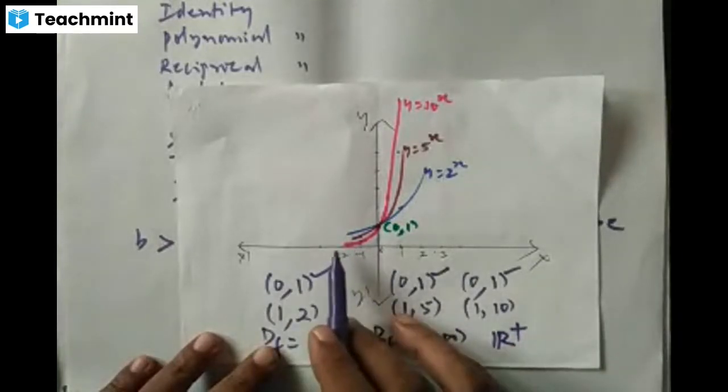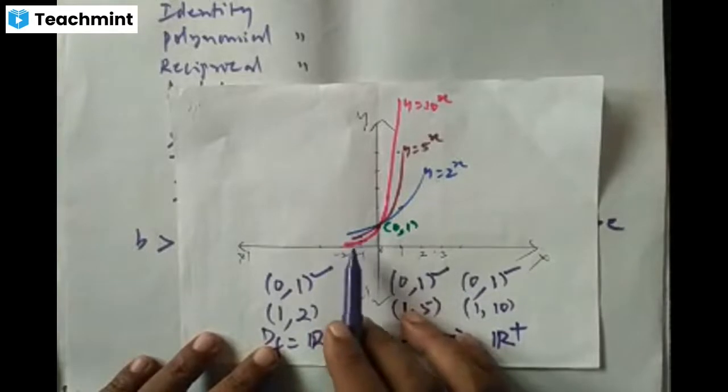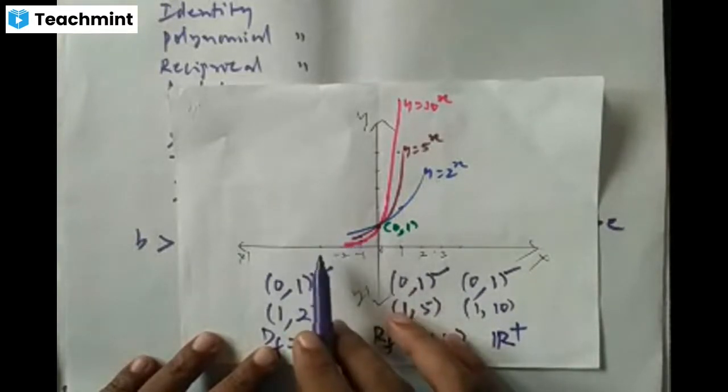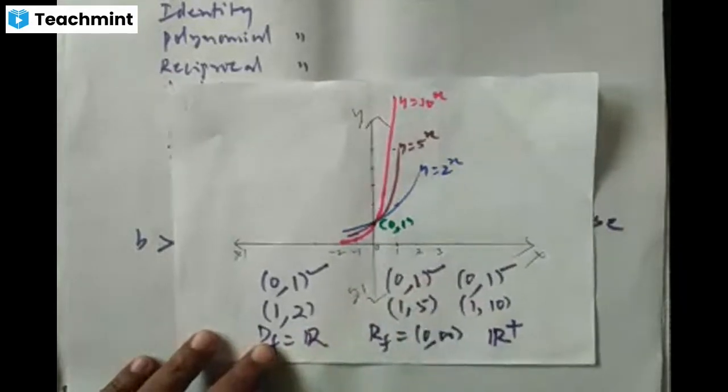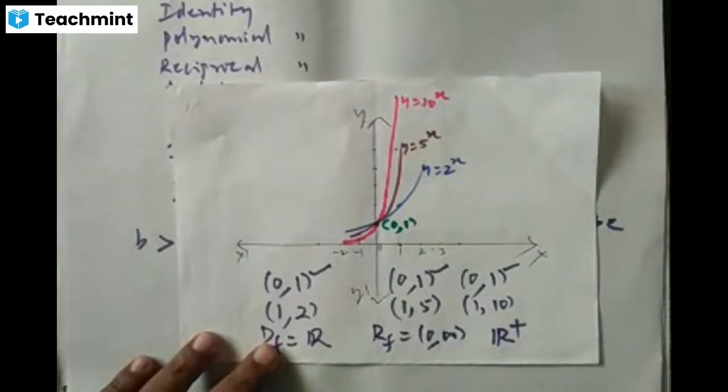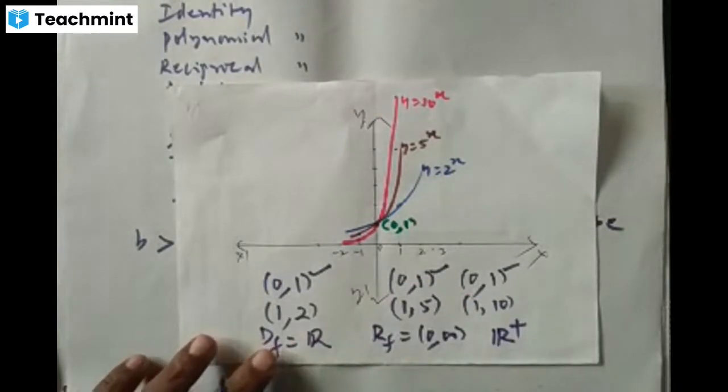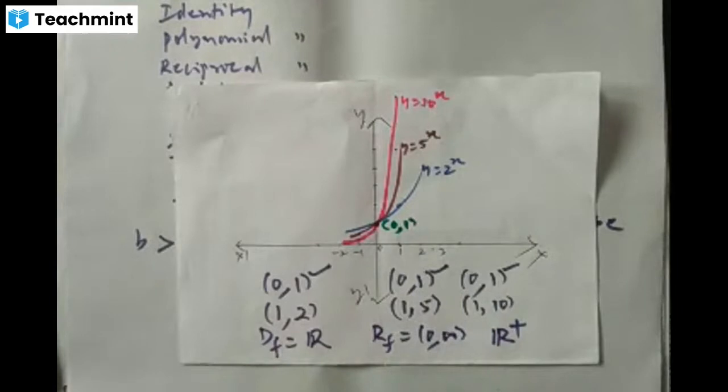It's very close to 0 when x takes very large negative values. So these are the 5 observations we can make from the graphs of these 3 exponential functions, correct?